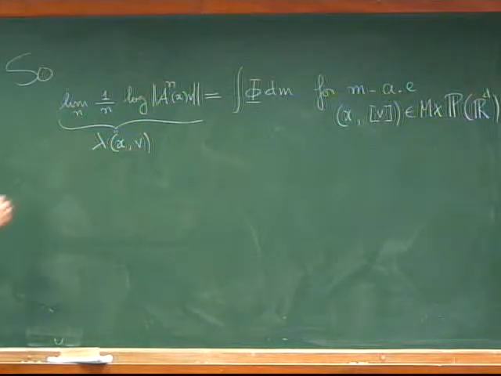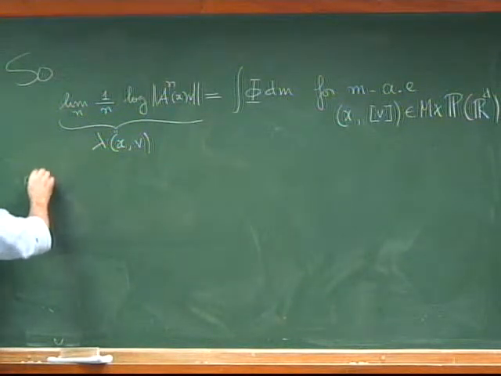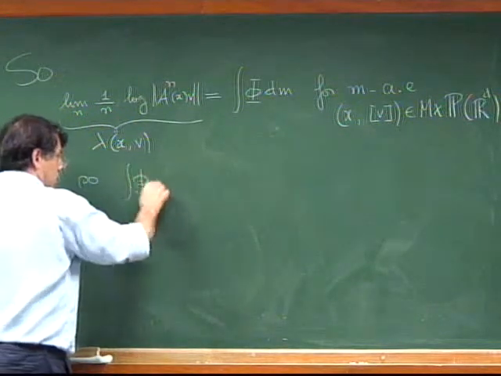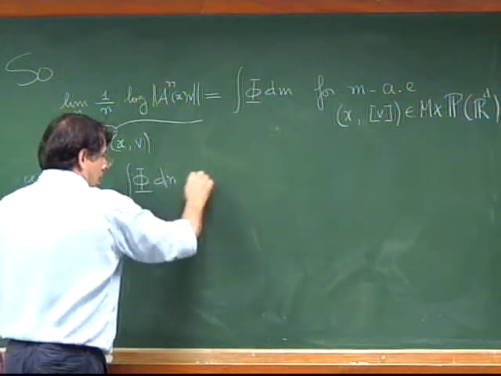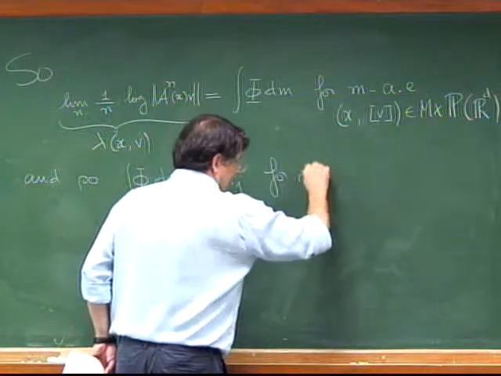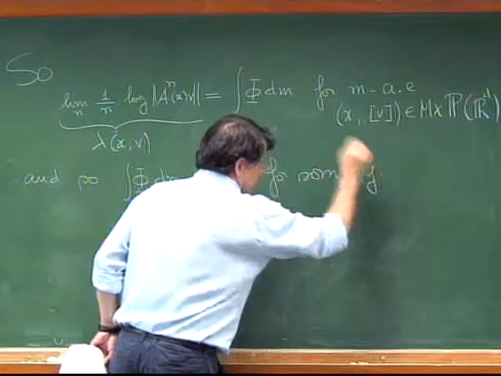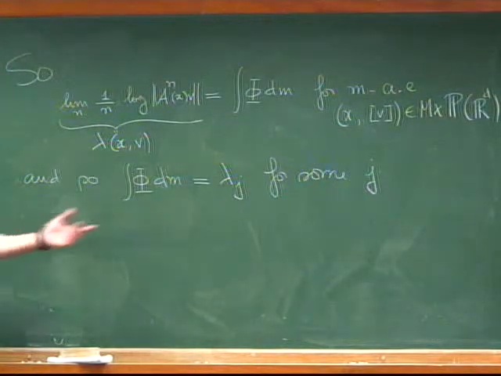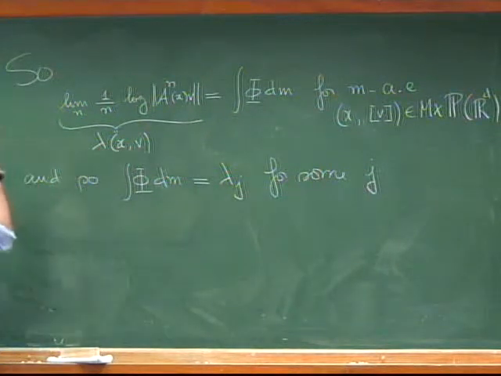So the integral of phi dm has to be one of the lambda j's, because the lambda j's are the possible values for this limit.